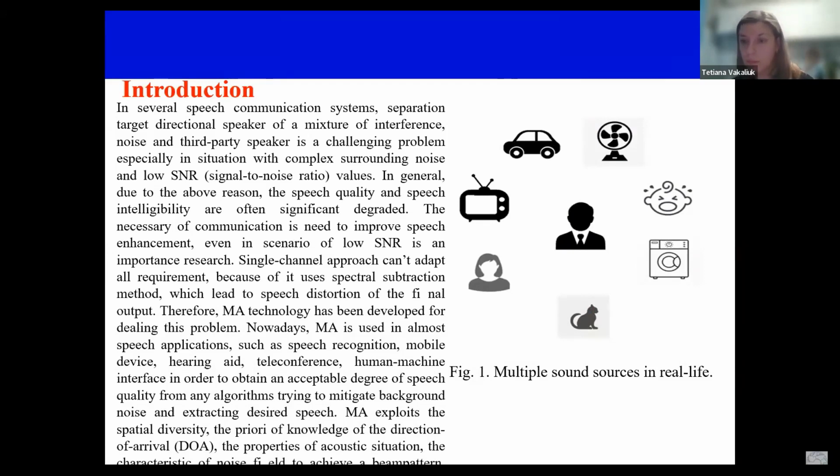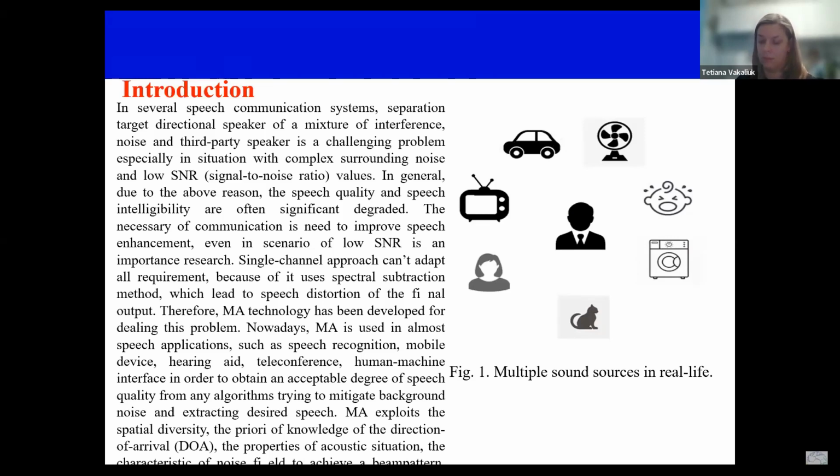Due to the above reasons, speech quality and speech intelligibility are often significantly degraded. The need to improve speech enhancement even in low SNR scenarios is an important research topic.